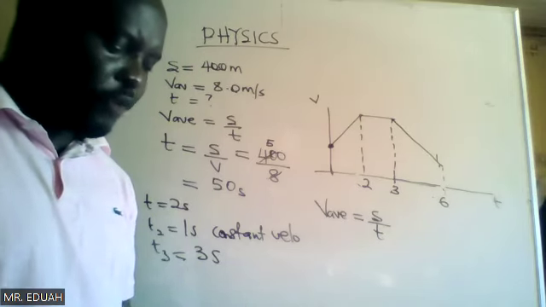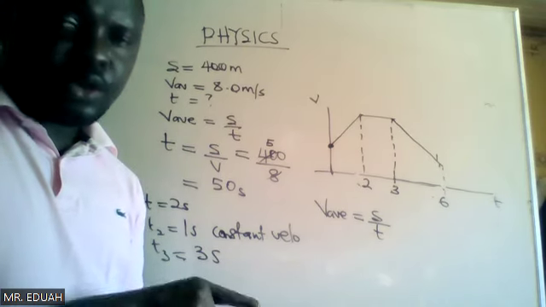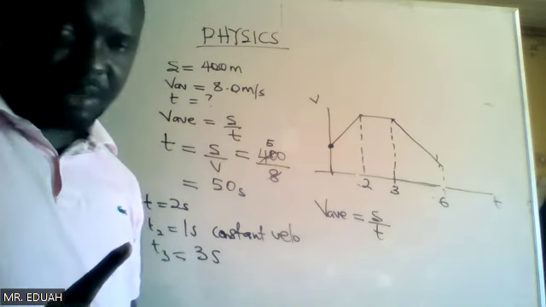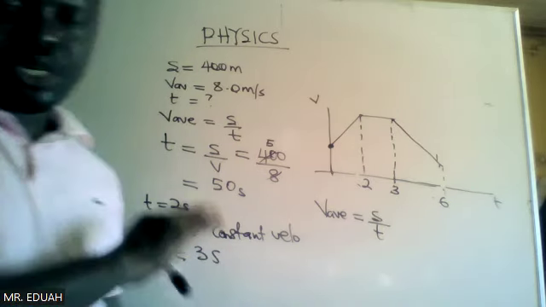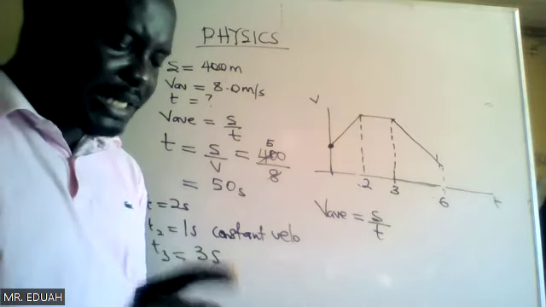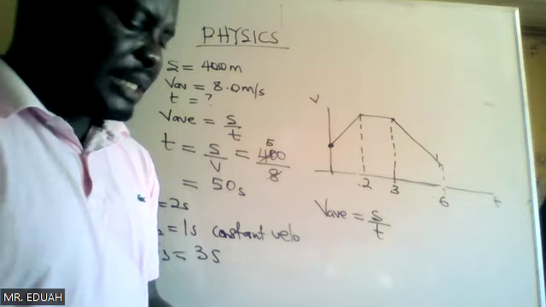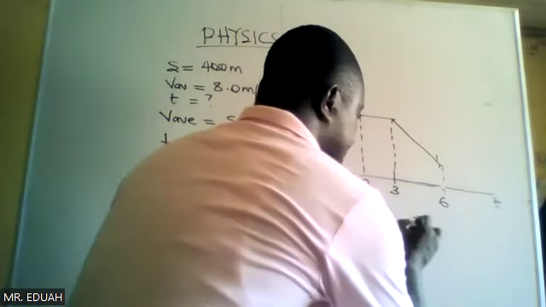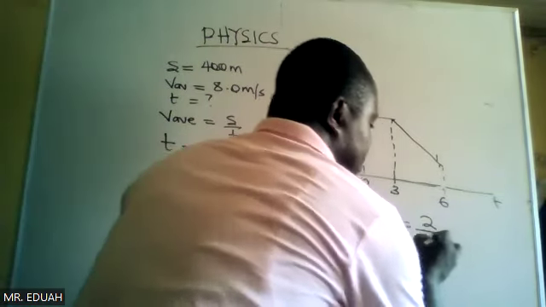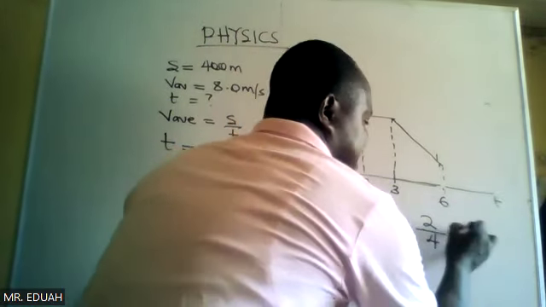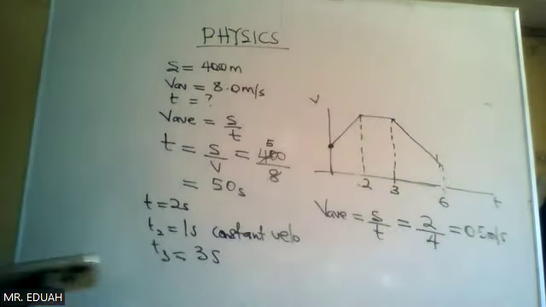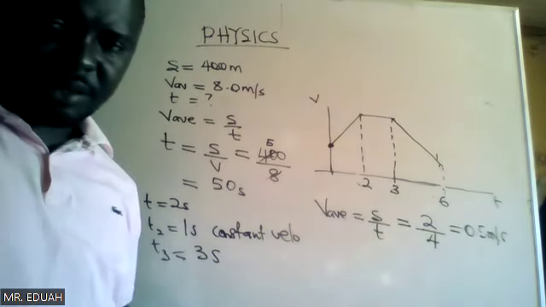Then from 2 to 4 seconds, the body was stationary. That's why we have 0 gradient. So within 0 to 4 seconds, the total distance, or total displacement, is 2 within a total time of 4. And this is 0.5 meters per second. That is the average speed.